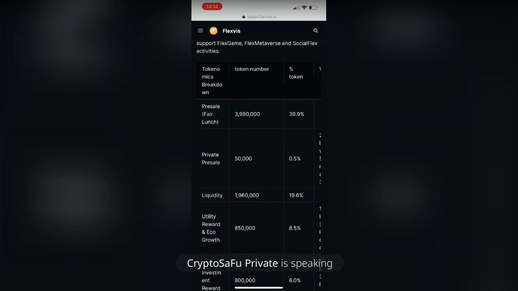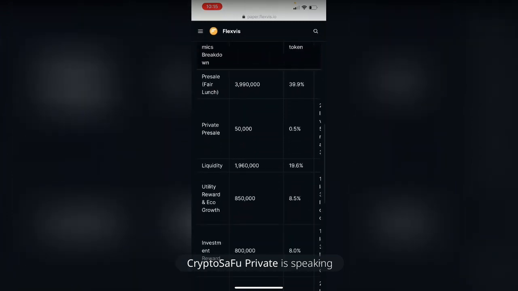So if 39.9% has been used for pre-sale, how many is going to remain? Definitely, we are going to have about 6 million tokens left. It's going to have some number to it, but it's going to be around 6 million. So we need to know how this 6 million is still being distributed.